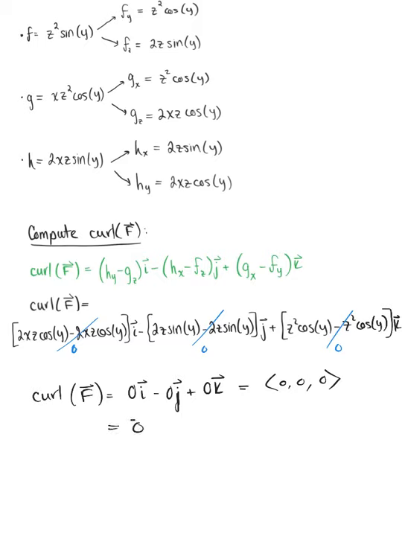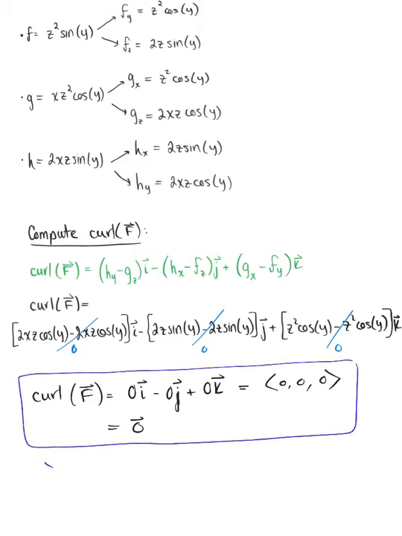So the curl of this vector field is the 0 vector. This is our beautiful final answer. And we can say that this vector field is irrotational. For fun, because math is fun.